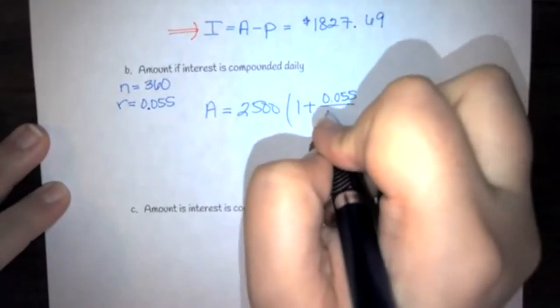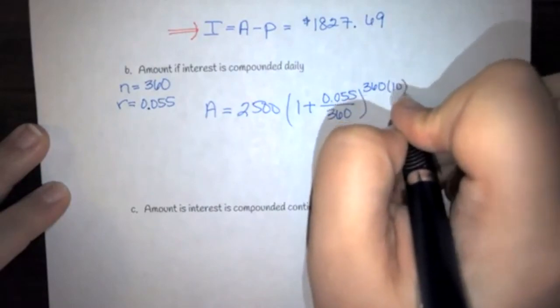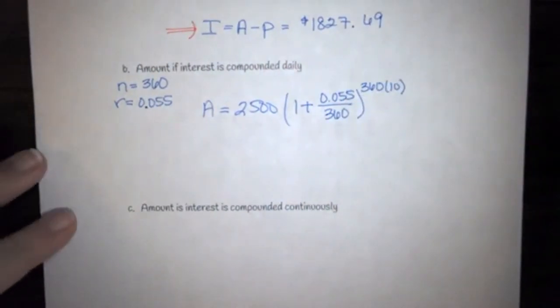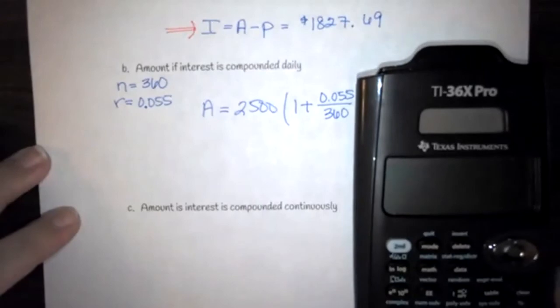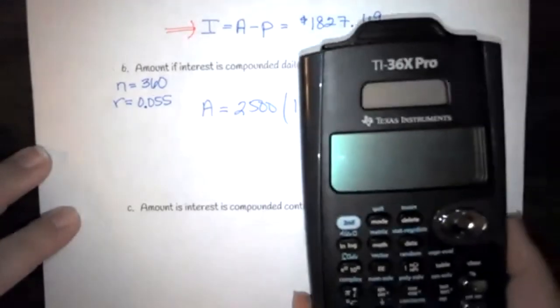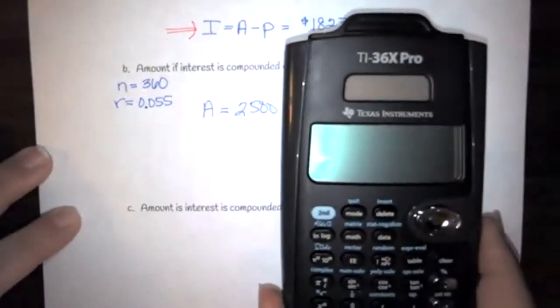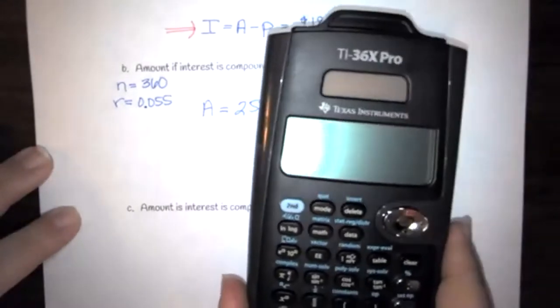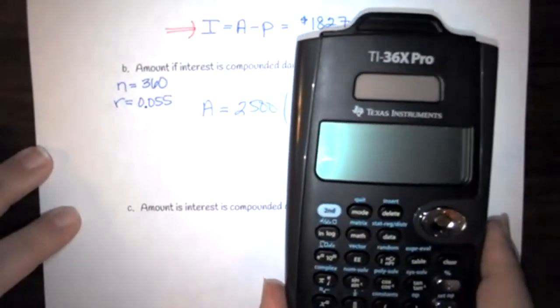So I have that A is my 2,500 times 1 plus 0.055 over my 360 raised to the 360 times 10 years. So again, just one more time, we'll do it together on your calculator.